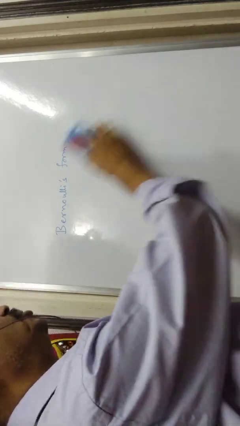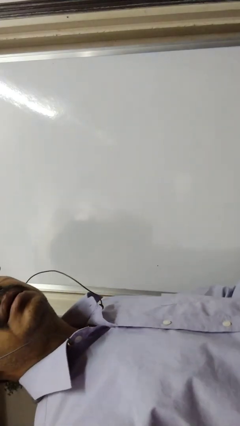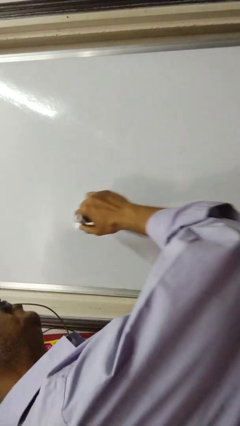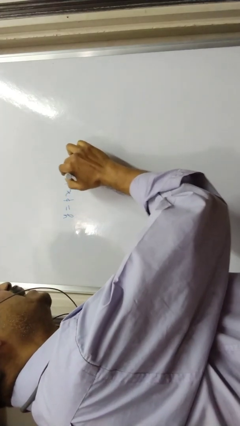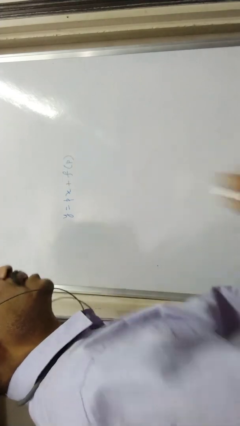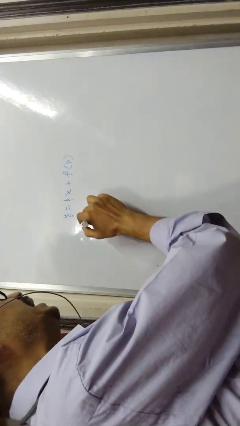Next, we will move on to illustrate the special form y equal to px plus fp, which is known as Clairaut's form.